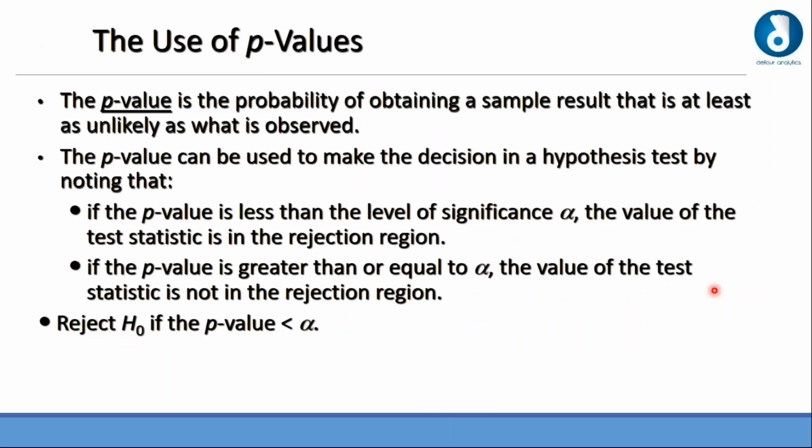Now let us understand what p-values are. The p-value is the probability of obtaining a sample result that is at least as unlikely as what is observed. We will use the p-value to make a decision in hypothesis testing using sample data.